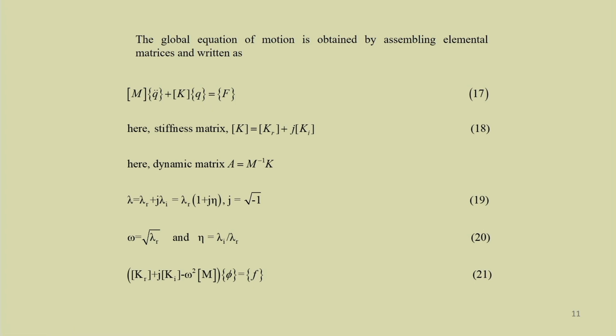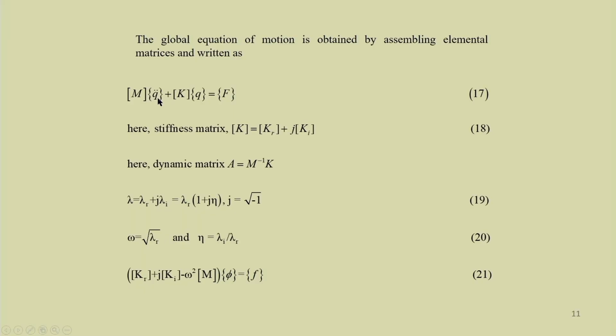In case of a parametrically excited system, till now we have not considered the axial force. So, in the next step we will consider the axial force to make the equation parametrically excited. Now you just see this equation, that is m q double dot plus k q equal to f. This is similar to the equation of motion of a multi degree of freedom system subjected to forced vibration.